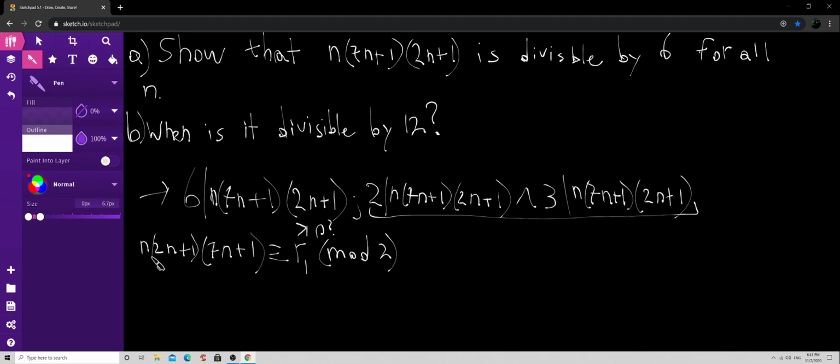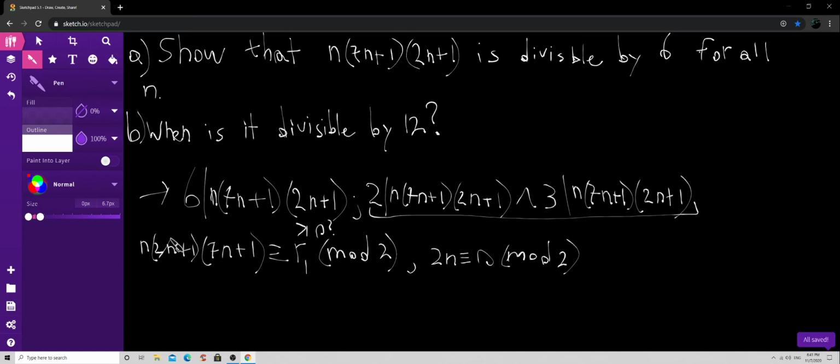We can actually simplify this a bit in this given modulus. 2n is always divisible by 2, it's always a multiple of 2, so in modulo 2 it's just congruent to 0. In other words, 2n is congruent to 0 mod 2, since these two things have the same remainder when divided by 2.